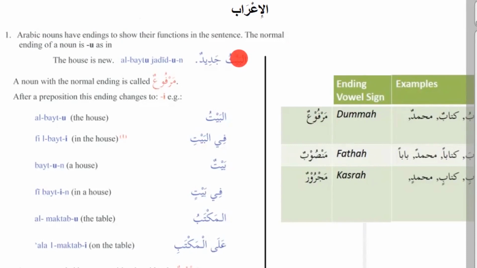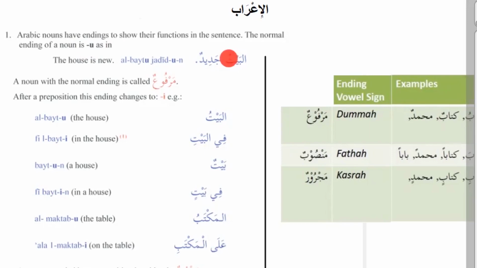For example, al-baytu, al-kitabu, al-kalamu, ending with the sound of u, that is, having dhamma on the last letter. Most nouns, not all, there may be small exceptions, have this as their default form.